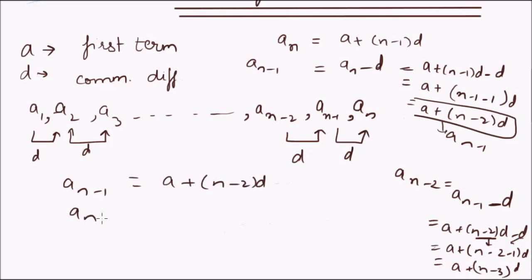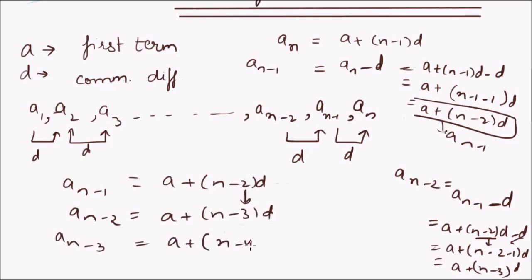If we have to find out AN minus 2, it is A plus N minus 3D. Similarly, if we have to find out AN minus 3, it will be something like A plus N minus 4D. AN minus 4 will be similar, as 5 will replace this 4.